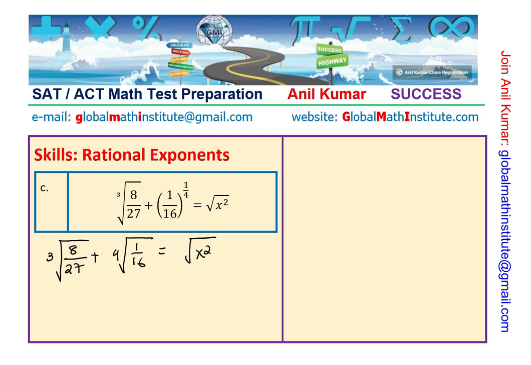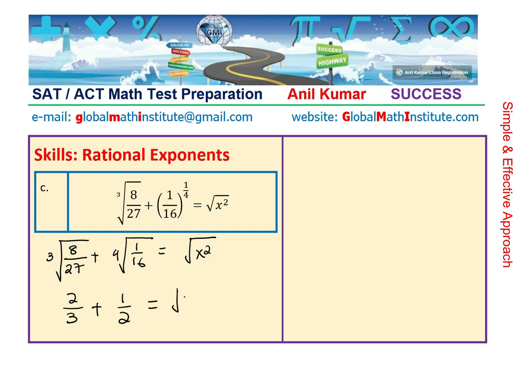Now cube root of 8 is 2 and cube root of 27 is 3. So we get 2 over 3 plus fourth root, which is square root and then square root, it is half, and that is equal to square root of x square. Now what is square root of x square? Many students think it is x, which is not true, and that is the mistake which is committed by many students. And we'll see what it is.